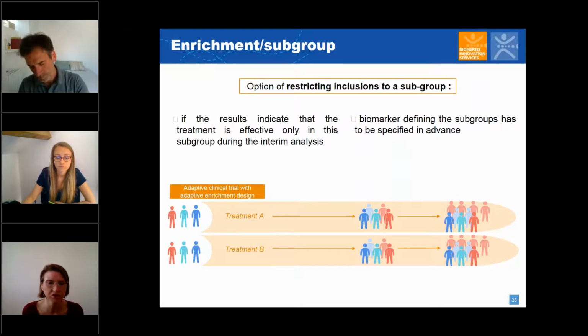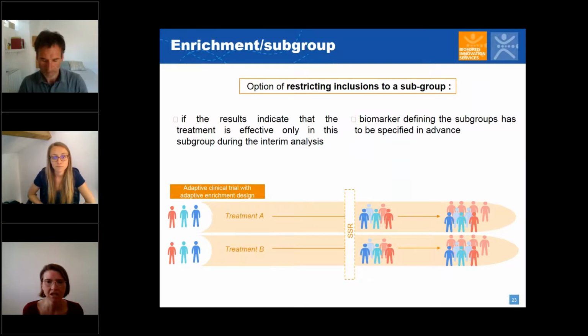In such a design, the trial starts in the general population with the option of restricting inclusions to a subgroup or adapting the sample size following an interim analysis if the results indicate that the treatment is effective only in this subgroup. In this example, at the second stage, recruitment is limited to the subgroup of the orange biomarker positive patients.